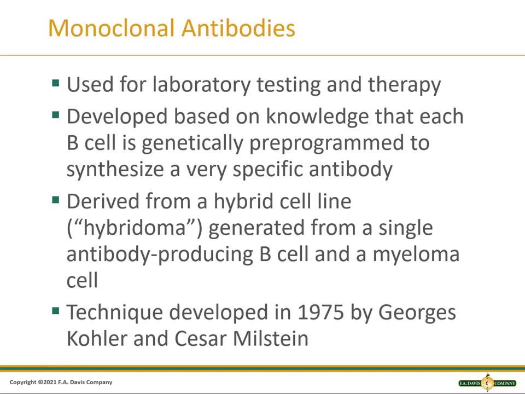So what they do is they get a single clone, a single antibody-producing B cell, and they mix it with a malignant myeloma, like multiple myeloma, a malignant myeloma cell, and that's called a hybridoma. So this was actually developed in 1975, which is amazing.